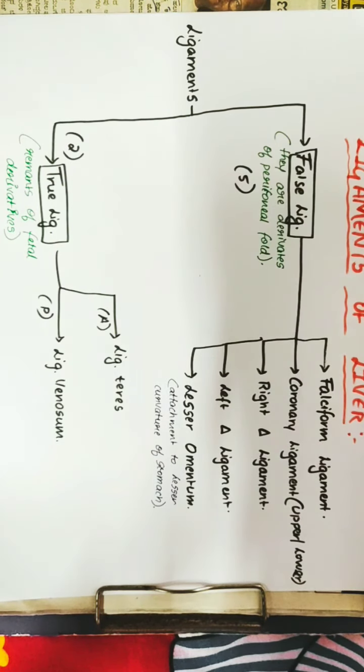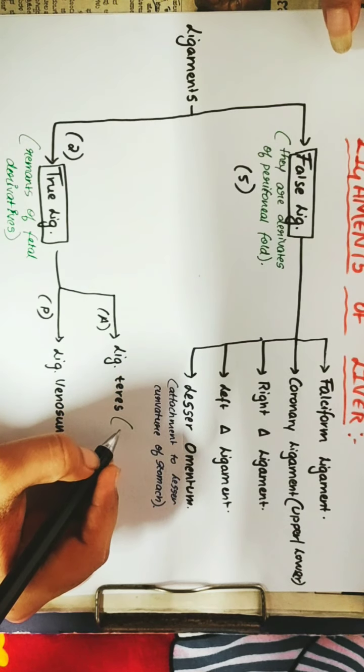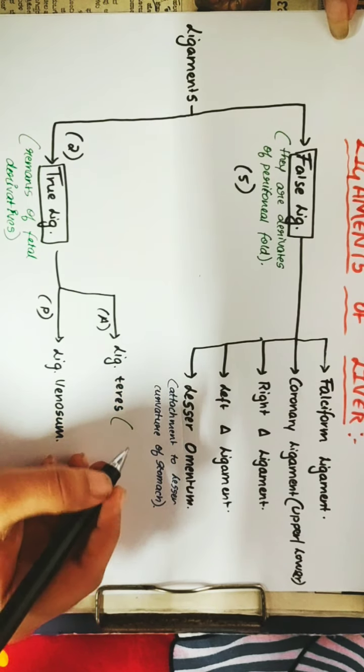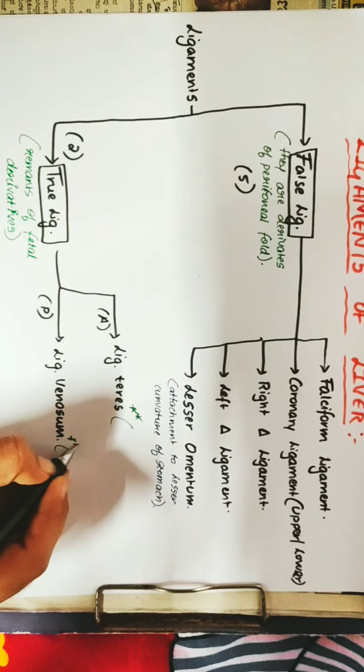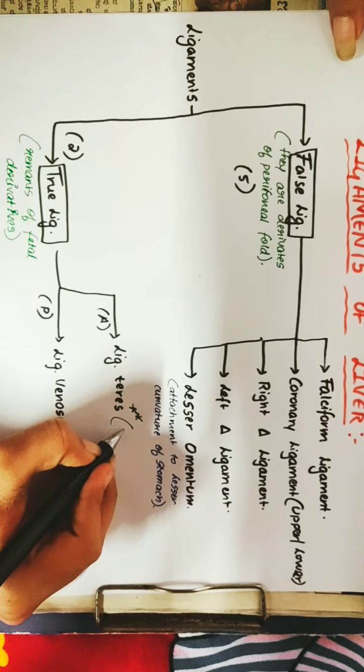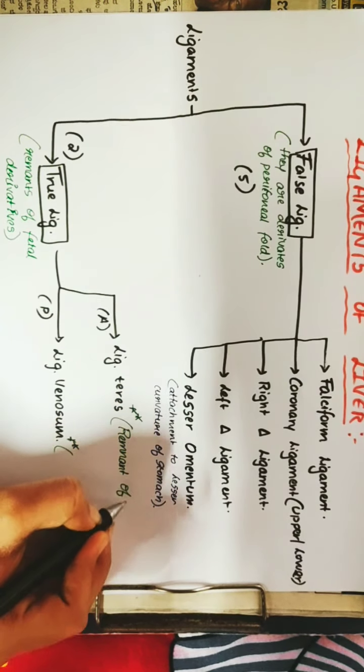Easier one. So what are these Ligamentum Teres and Ligamentum Venosum? Ligamentum Teres was the remnant of the left umbilical vein. This point is very important, it is important for your PGs also.